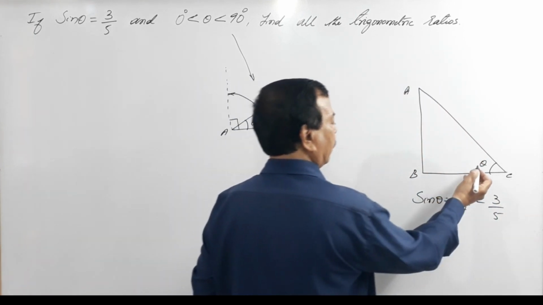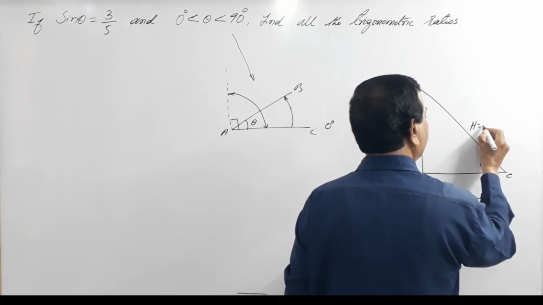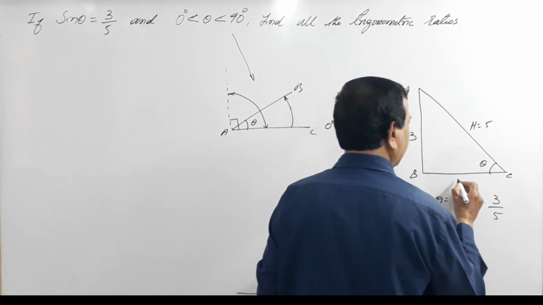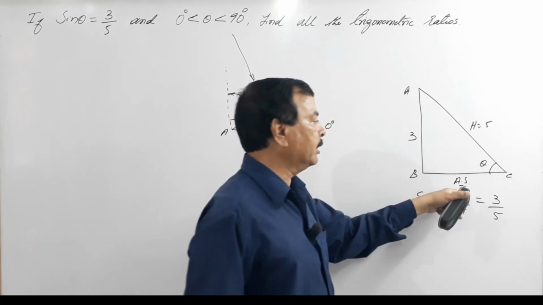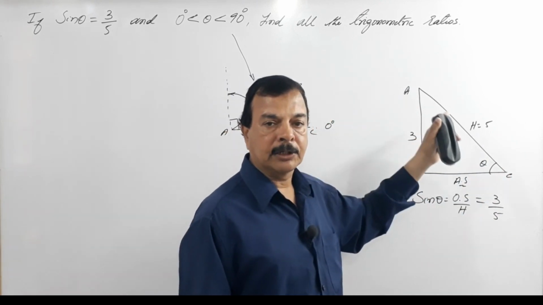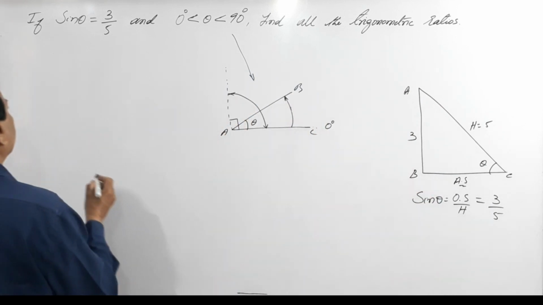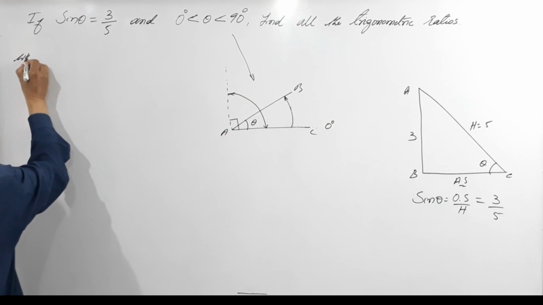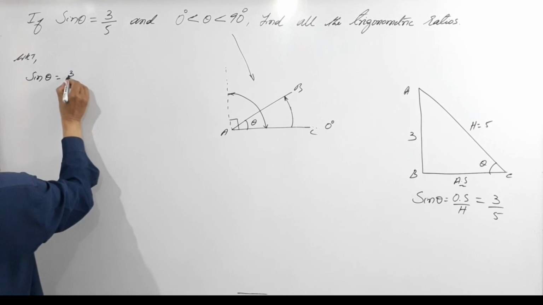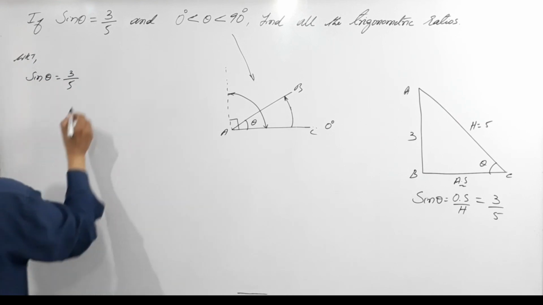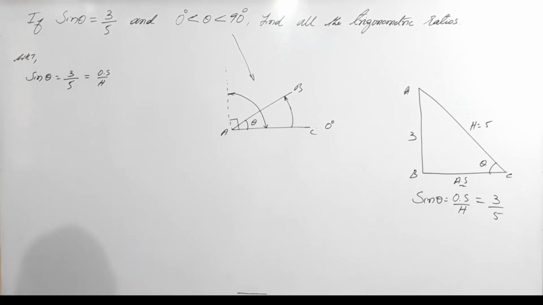So this is our opposite side, this is our hypotenuse, equal to 5, and we are supposed to find BC, that is our adjacent side. Once you know all the sides, we can get all the trigonometric ratios. So first what I will do, we know that sin theta equals 3 by 5, isn't it? That is nothing but opposite side by hypotenuse. Now I will rub this.